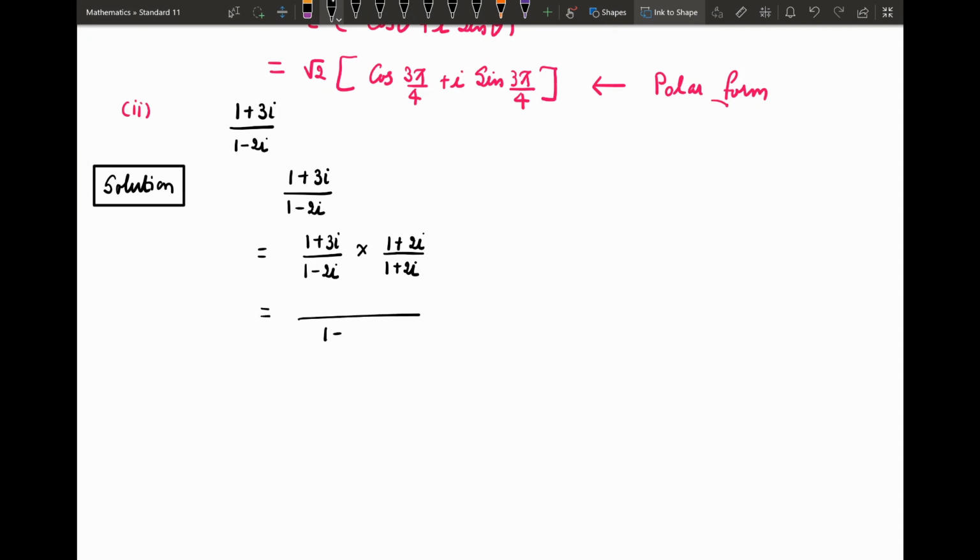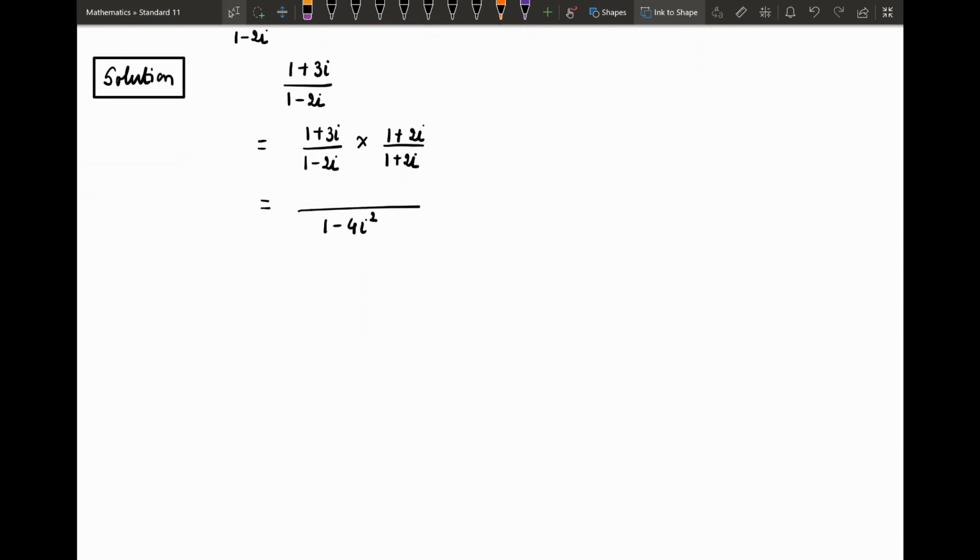So the denominator is 1 minus 4i square. In the numerator it is ordinary multiplication. So 1 plus 2i plus 3i plus 6i square.